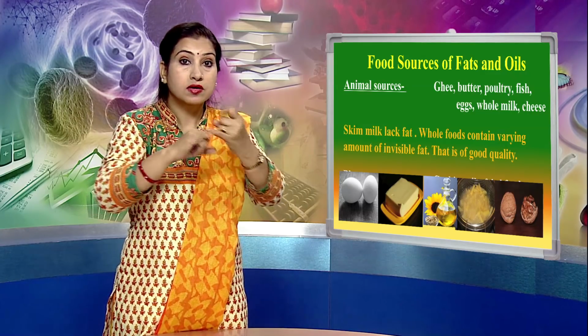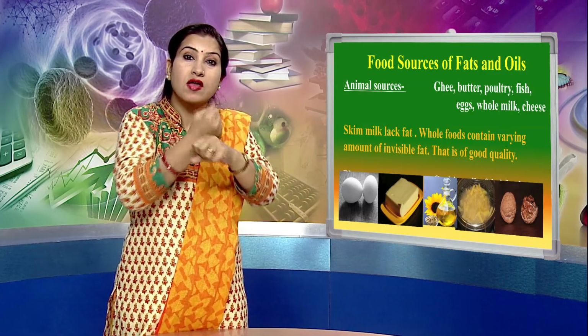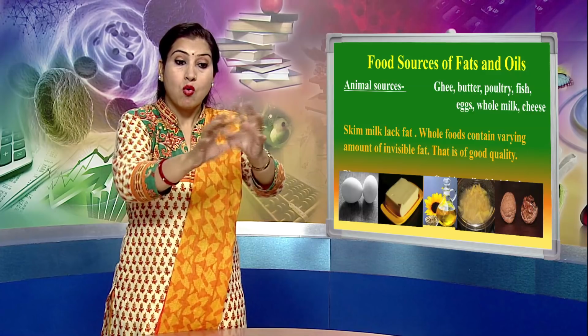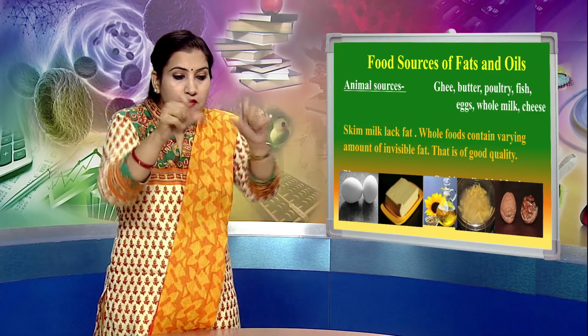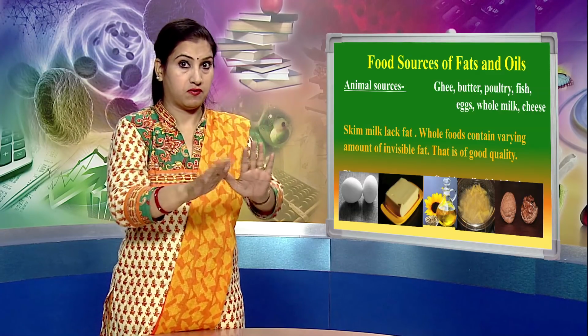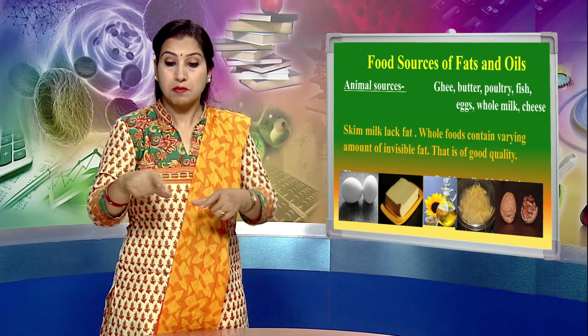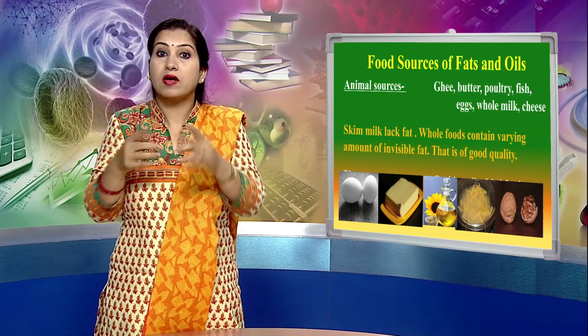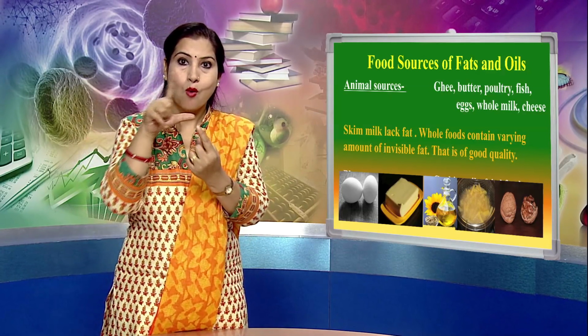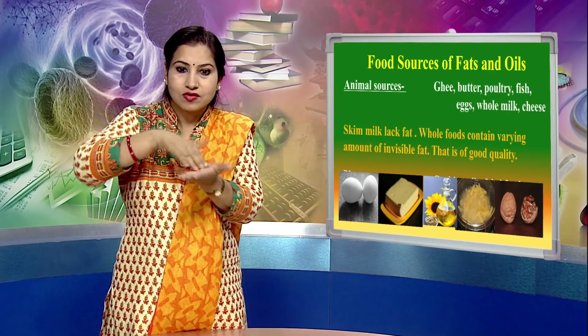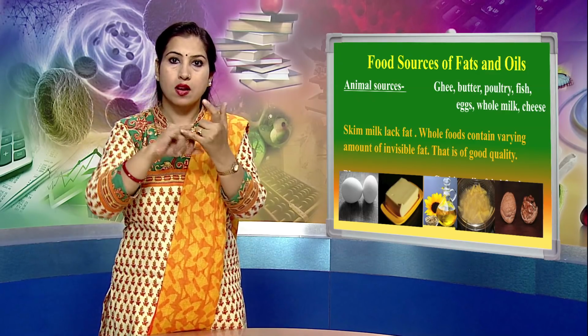Skim milk lacks fat. Whole food contains varying amounts of invisible fat that is of good quality. And the plant sources are cooking oil, fried foods, oil seeds and nuts.